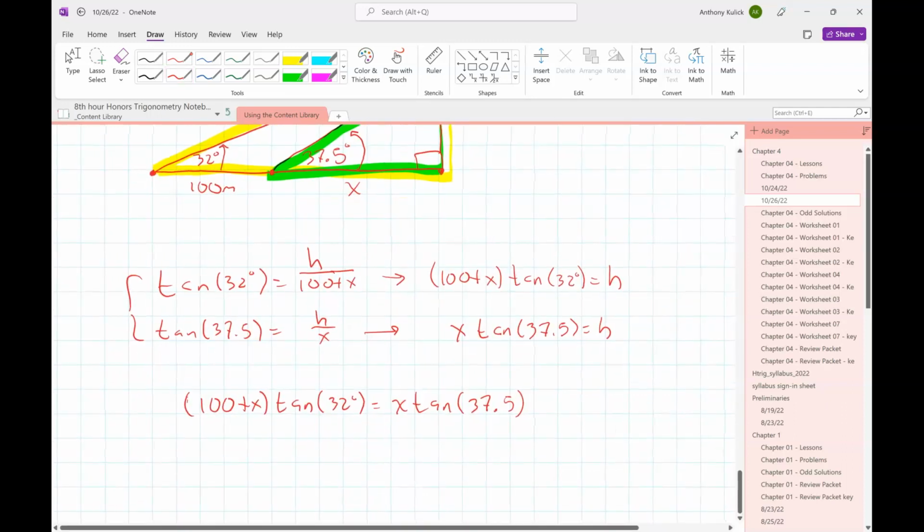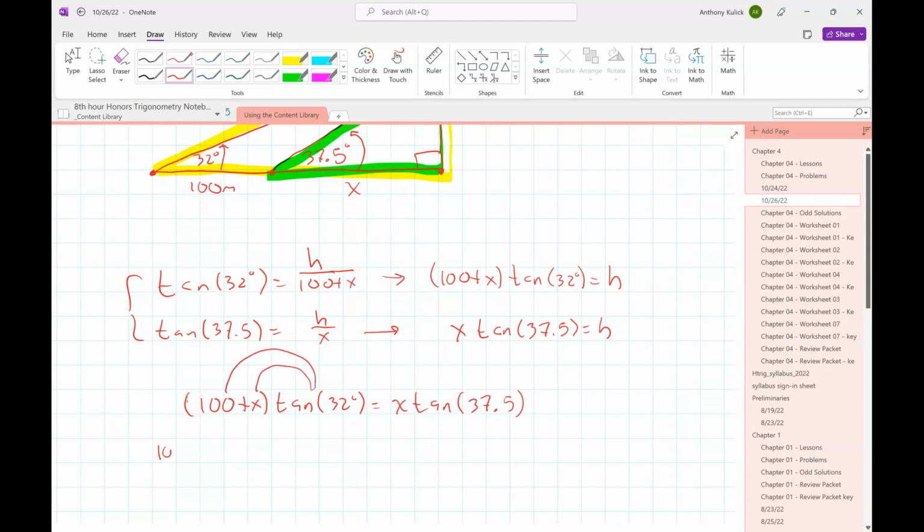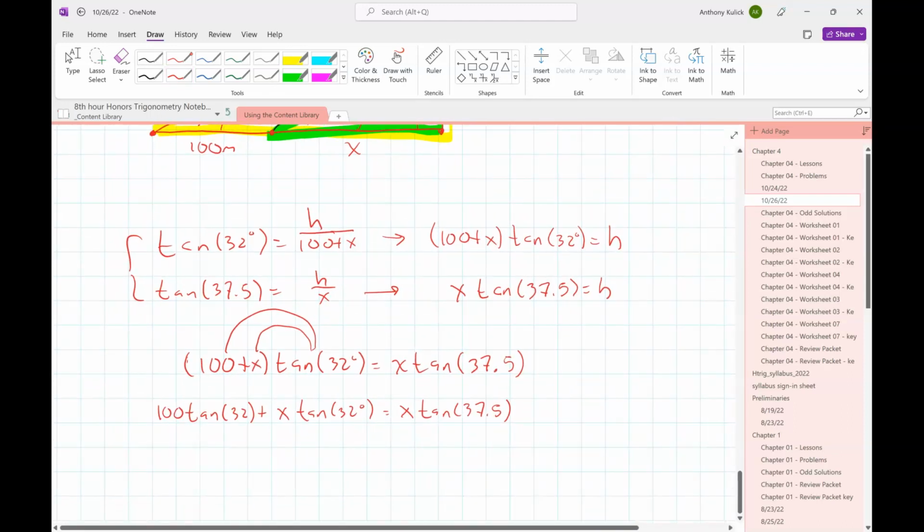To solve this now for x, I have to get the x's on one side. I'm going to start by distributing the tan 32. I would then subtract x times tan 32 from both sides. That'll move the x's all onto one side.